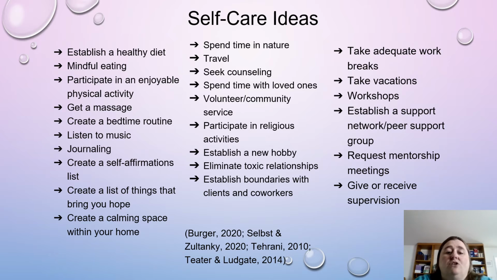So there's establishing a healthy diet or utilizing mindful eating, and then doing things like participating in an enjoyable physical activity, finding ways to relax by maybe establishing a new hobby. There's also things that you can do at work, like taking adequate work breaks or taking vacations when you need them. Those are important as well. You can also work on establishing a support group or a peer support group at work. So there, as you can see, there are many options here for self-care that you can utilize in your toolbox.